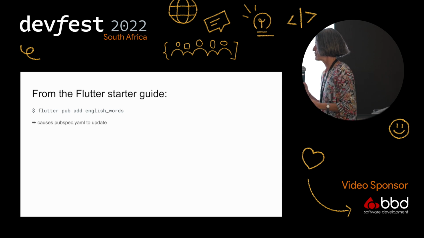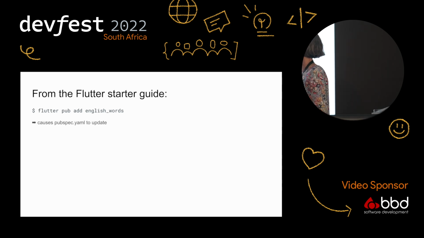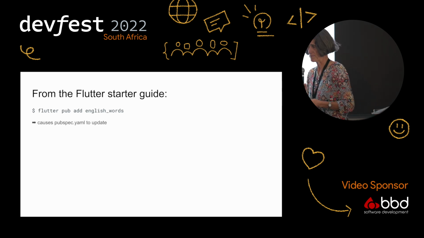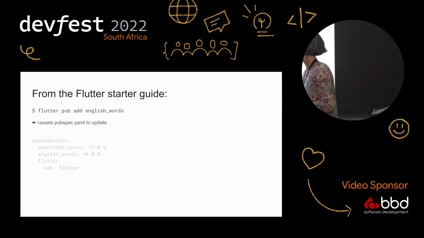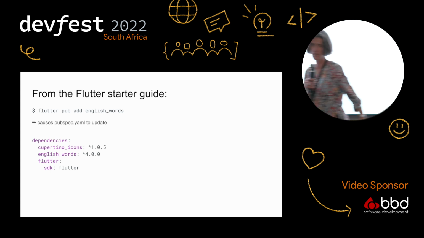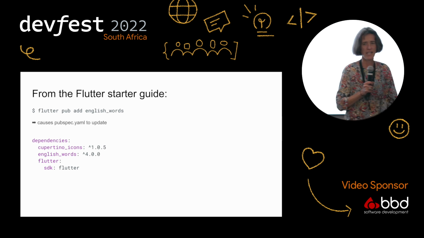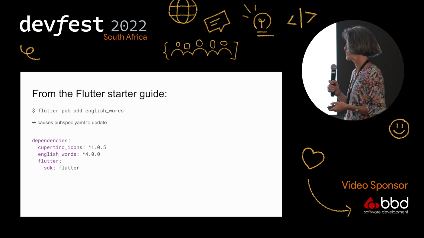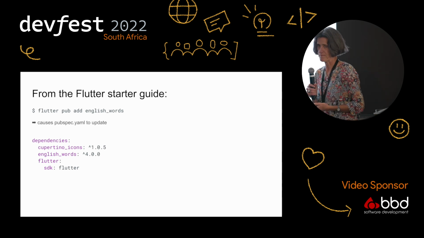And you get told you go to the command line, do flutter pub add, the package is called English words. That in turn causes the pubspec.yaml to be updated, which is here, and indeed, we get our English words with the right version number automatically. And now you have to actually pull the package in, which you do with flutter pub get.